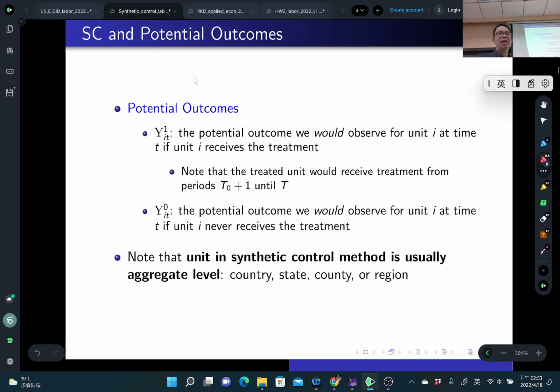Okay. And the potential outcome now is Y1, and we also have the time dimension. For unit 1, if they receive the treatment at time t, Y1 will be realized. If this unit does not receive the treatment at time t, Y0 is realized. Note that the unit in synthetic control methods is usually at the aggregate level. Okay.